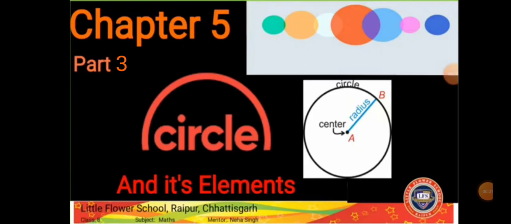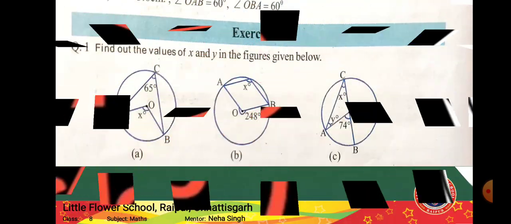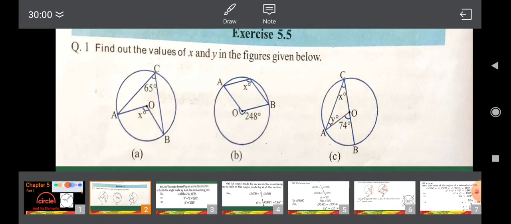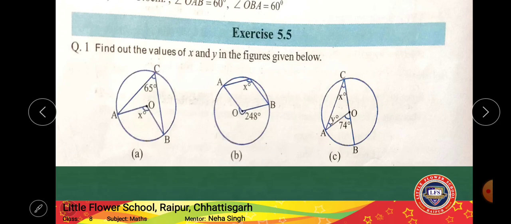Hello students, so let us start with the last two exercises of chapter 5, that is circles, right? So exercise 5.5, question number one, find the values of x and y in the figures given below.